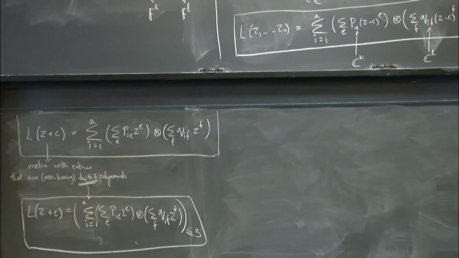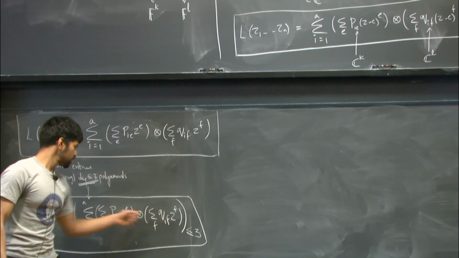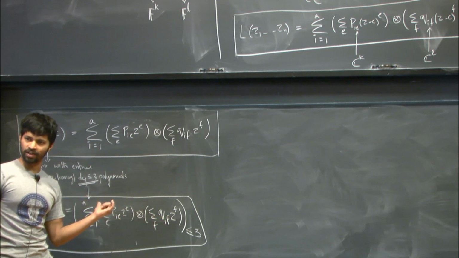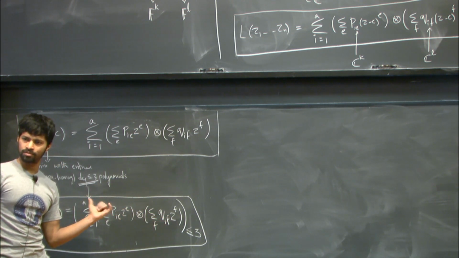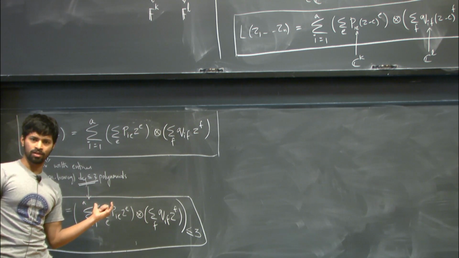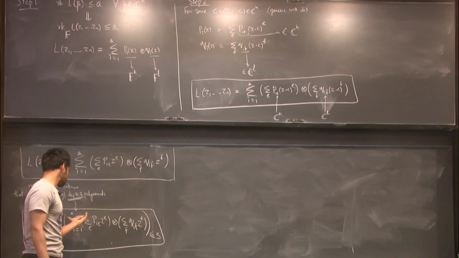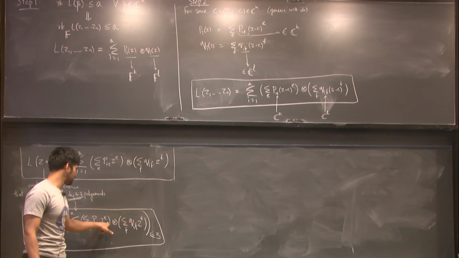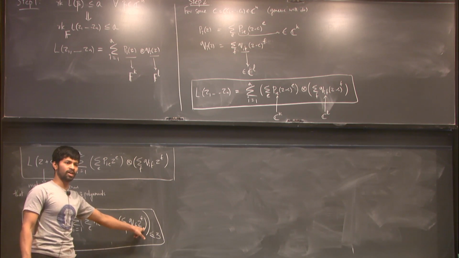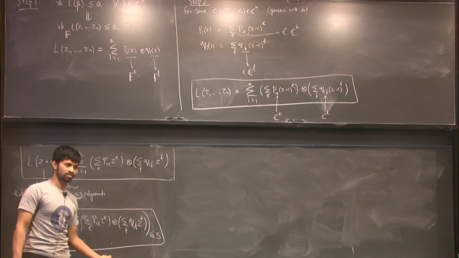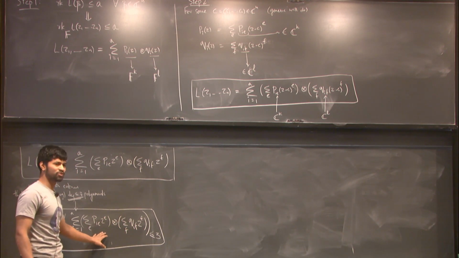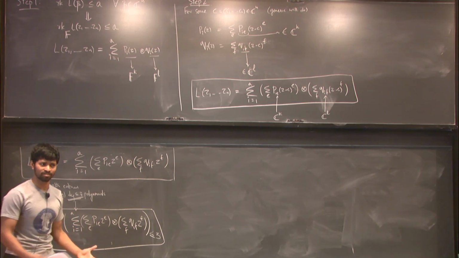Now you look at it, right? When you tensor, the monomials will multiply and the vectors will stay vector tensor vector. Does that make sense? Now you can restrict to the monomials that are of degree less equal 3. That means the degree of z^e plus the degree of z^f should be less equal 3. Make sense? And I will just write degree of e.